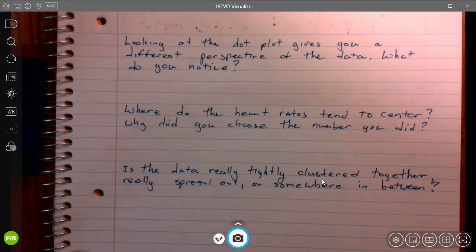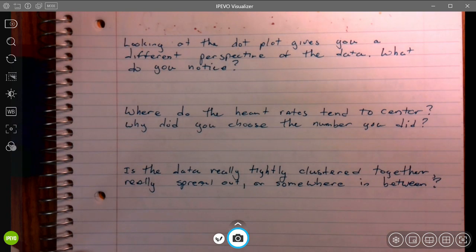So looking at a dot plot gives you a different perspective on data. What do you notice? What do you wonder about when you see that dot plot? Are the rates all the same?